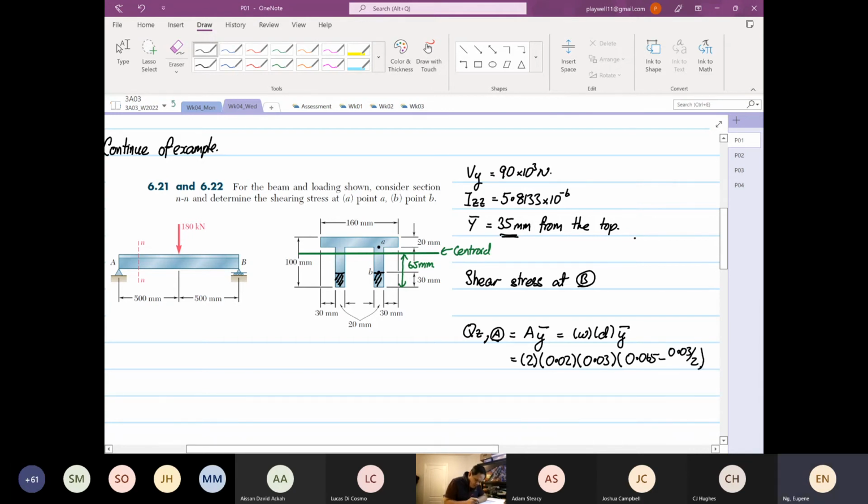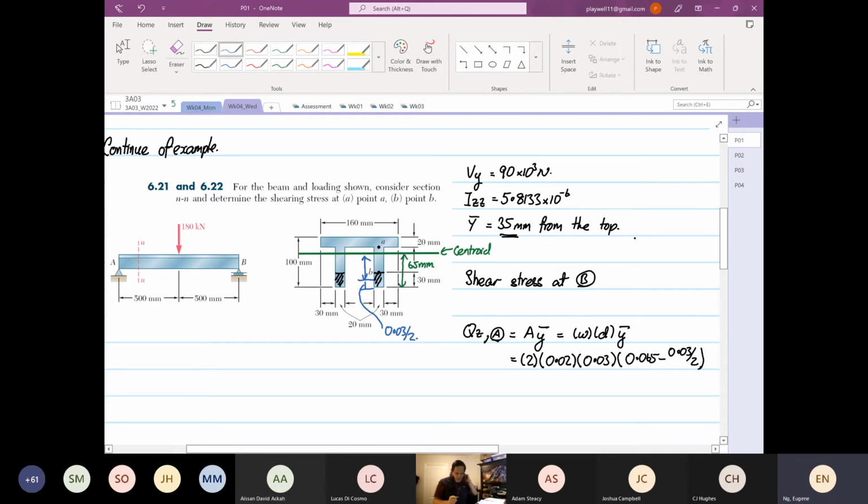This distance from here to here is equal to 0.03 divided by 2, and then the whole thing is 0.065.